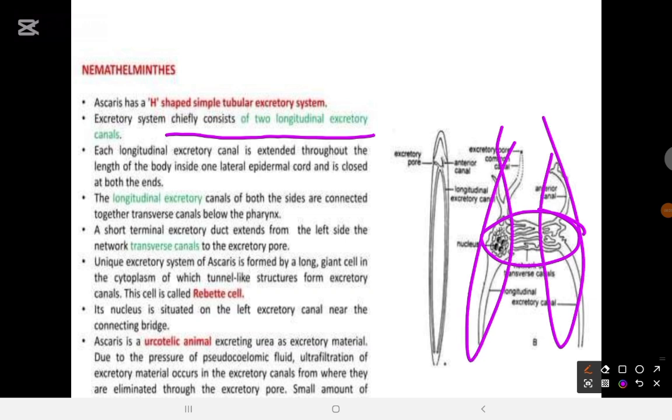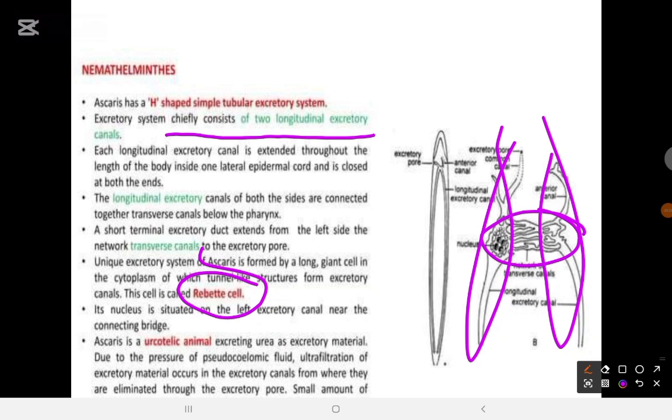Now, the unique excretory system of Ascaris is formed by a long germ cell in the cytoplasm of which tunnel-like structures form excretory canals, and these cells are called renette cells.